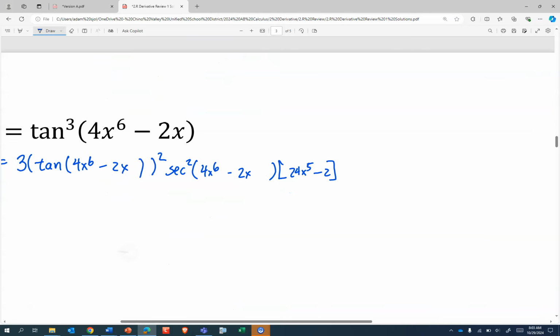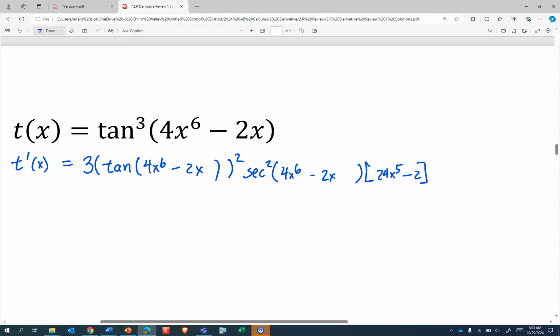Okay. But rearranging and simplifying, who knows? Let's see. So I definitely can't combine the tangent and the secant squared. And I guess if anything, what I would do is actually not multiply, but factor a 2 out of the back here. So that's going to be that 2 times the 3 in front is a 6.